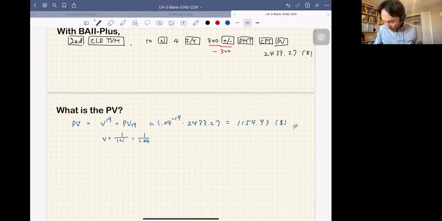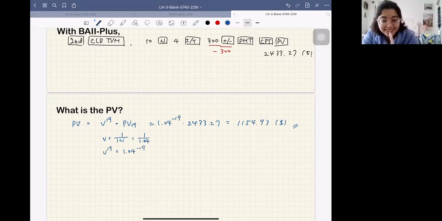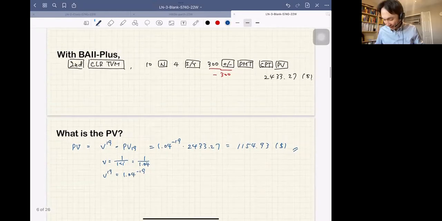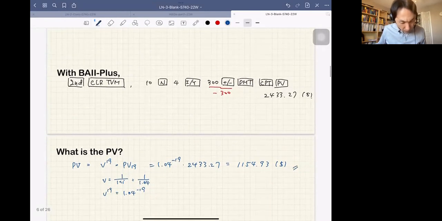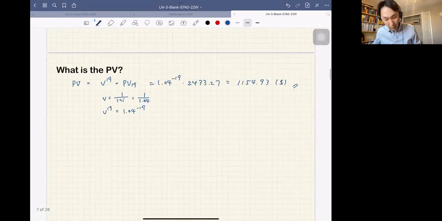So v to the power 19 is 1.04 to the negative 19. Sometimes it's confusing. Just remember that v is slightly less than 1, so you can see that v to the 90th power is a smaller number. Okay, so that's example 1.